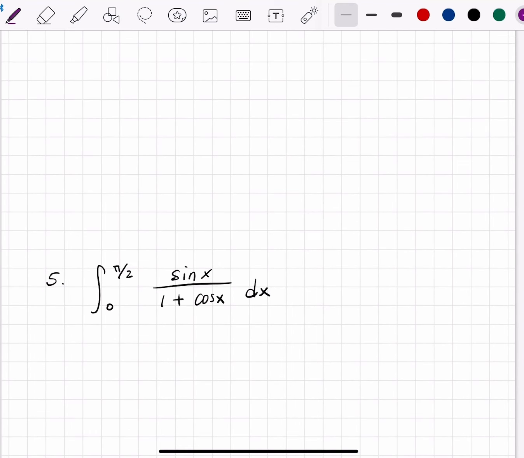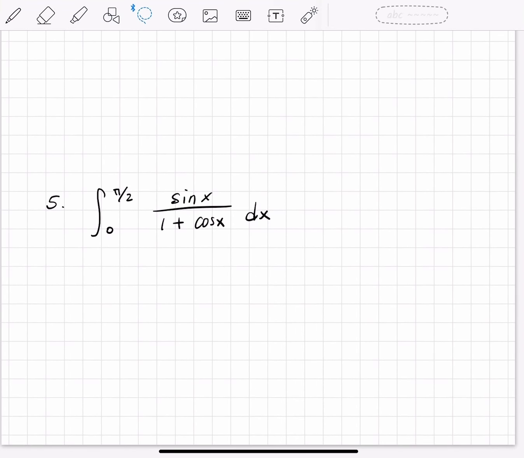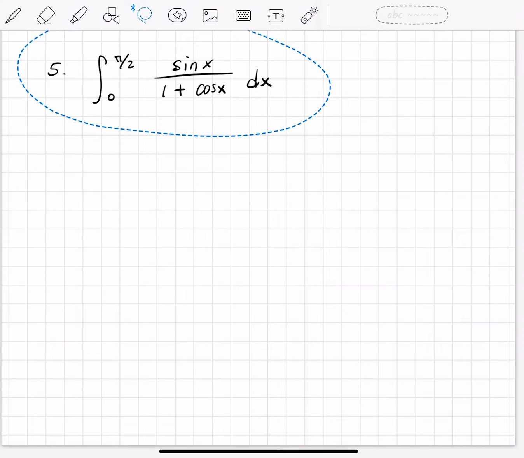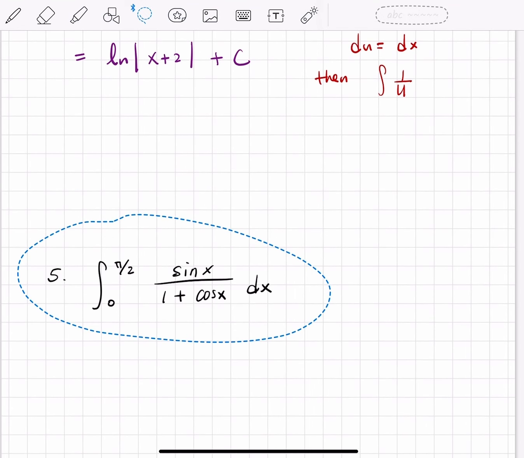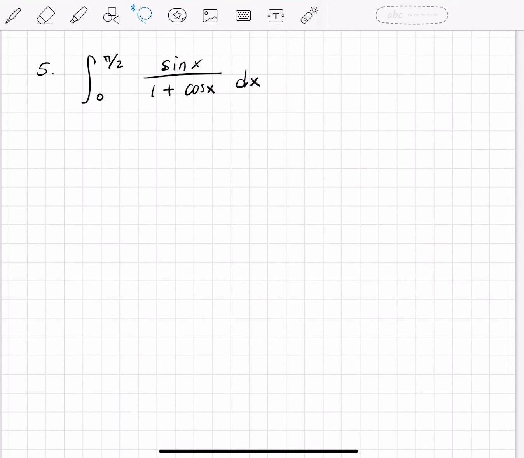Now we move on to the last problem. We can move this one up a little bit to have some more room to work on, which is a definite integral from 0 to pi over 2 of sine of x over 1 plus cosine of x dx. Because we have a fraction, normally speaking, we're going to let the denominator be our u.